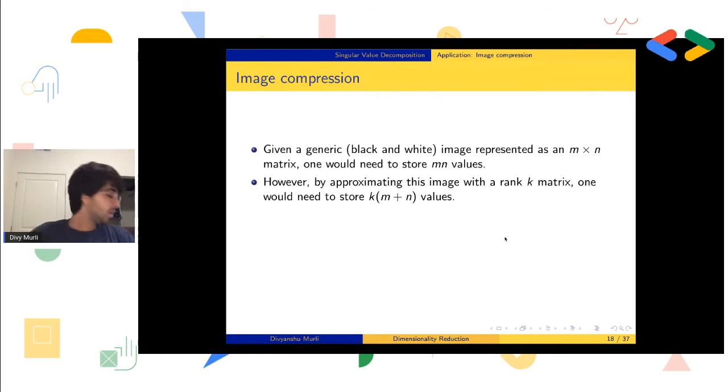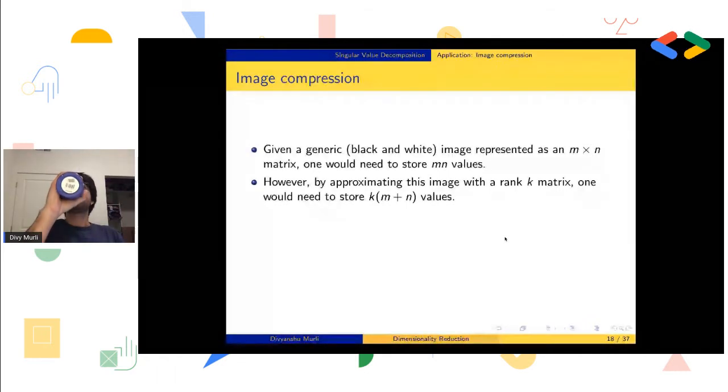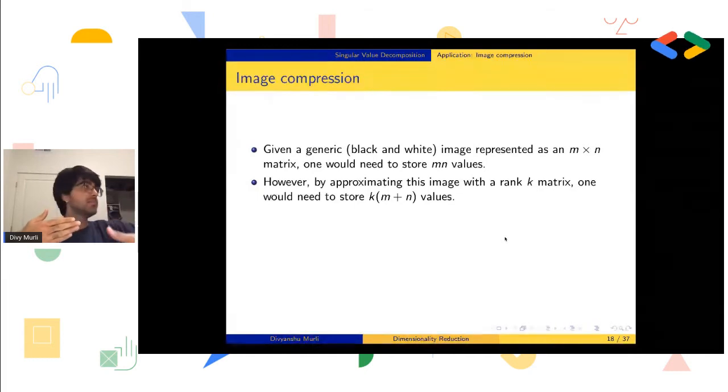Okay, I just want to give an example of this matrix approximation. Images can be represented by matrices. Color images have 3 channels, the red, green, and blue channels.